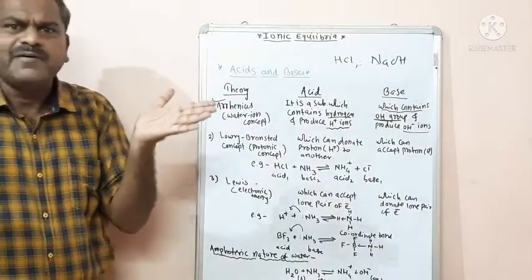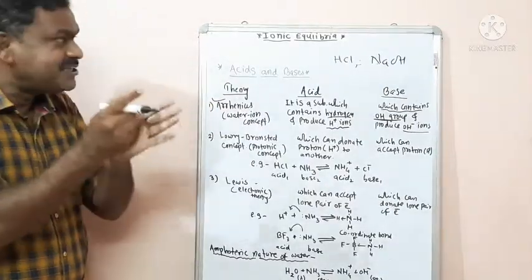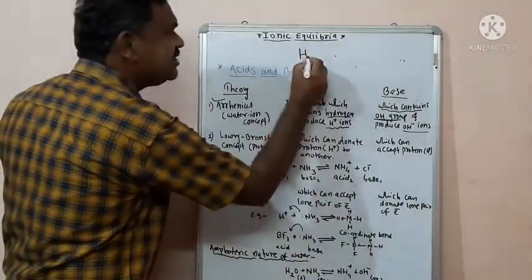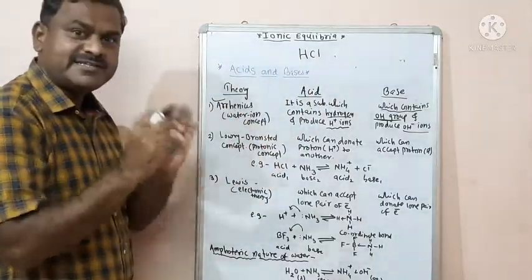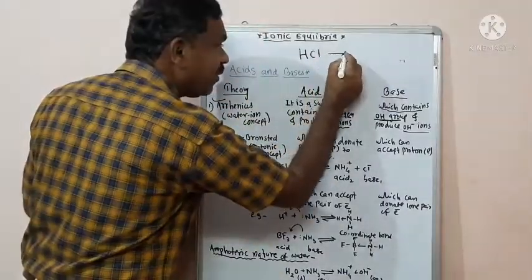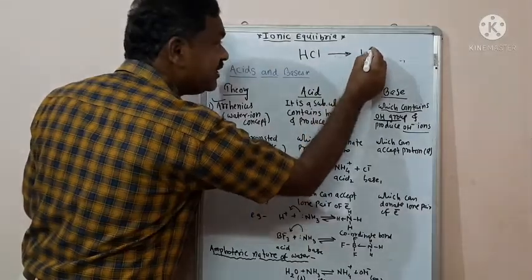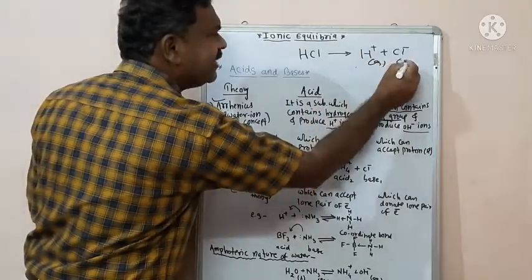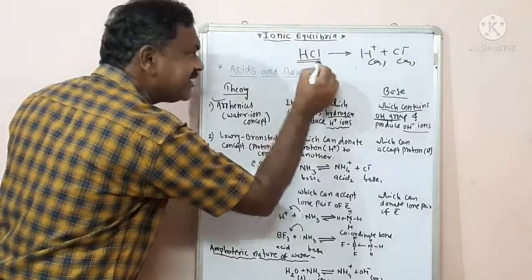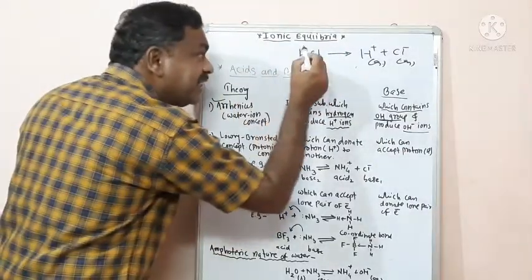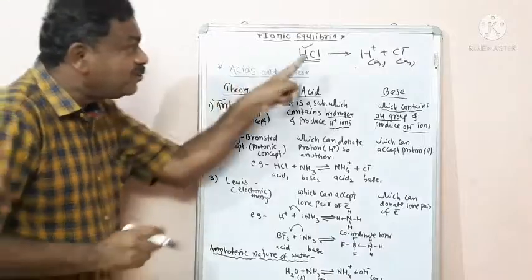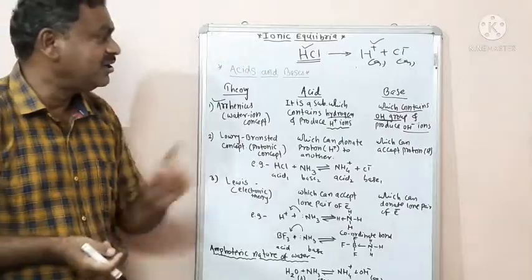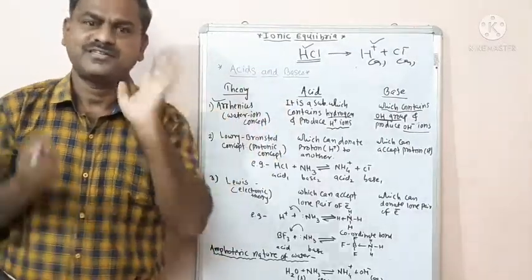Now, for example, let us consider HCl, an acid which dissolves in water to produce H plus and Cl minus ions in aqueous solution. HCl is a substance which contains hydrogen and produces H plus, the hydrogen ions, so it is called an acid according to Arrhenius.